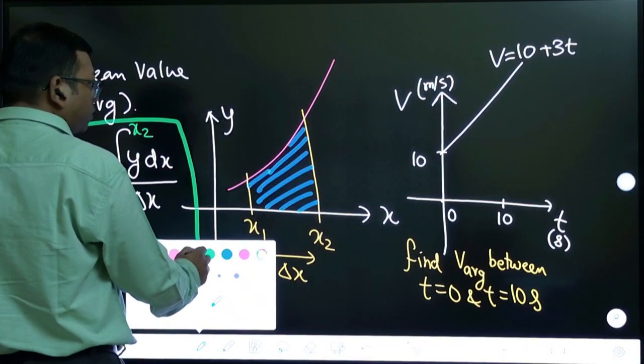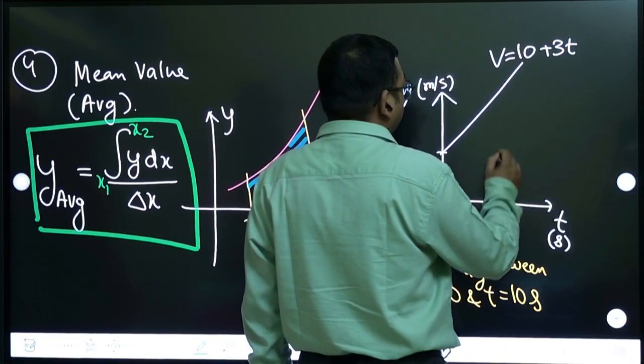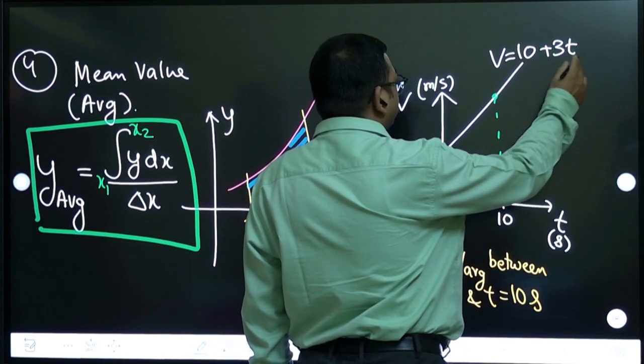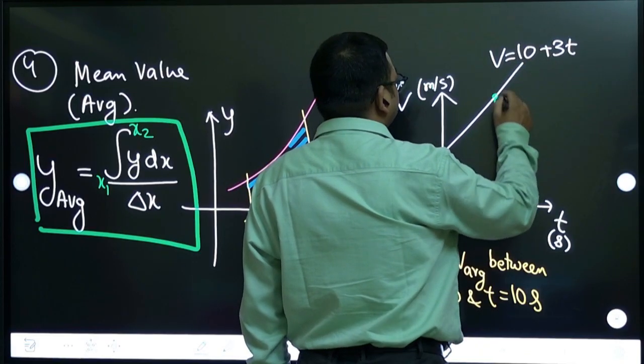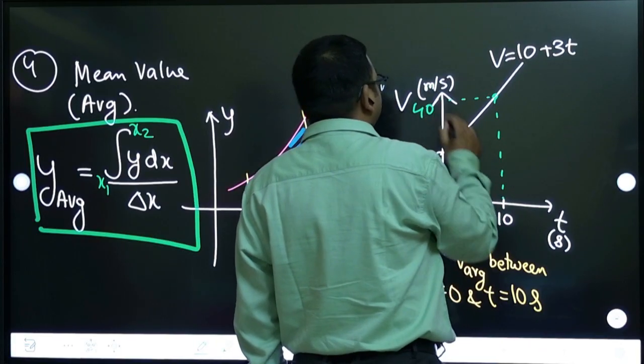That means you already know the value here, because 3 into 10 is 30, plus 10 is 40. So this value is 40, right?